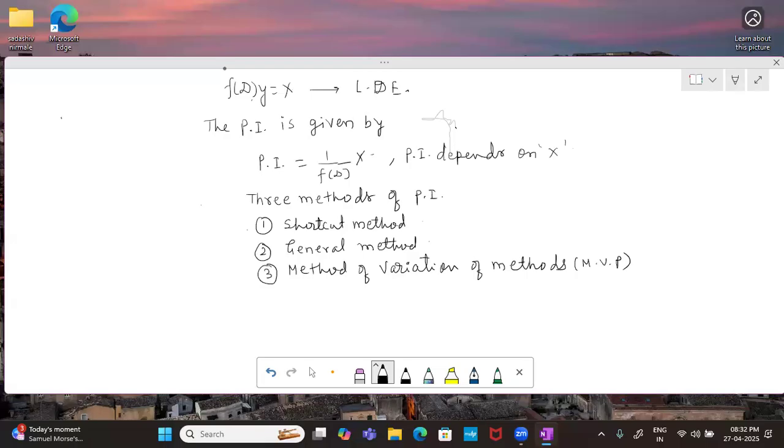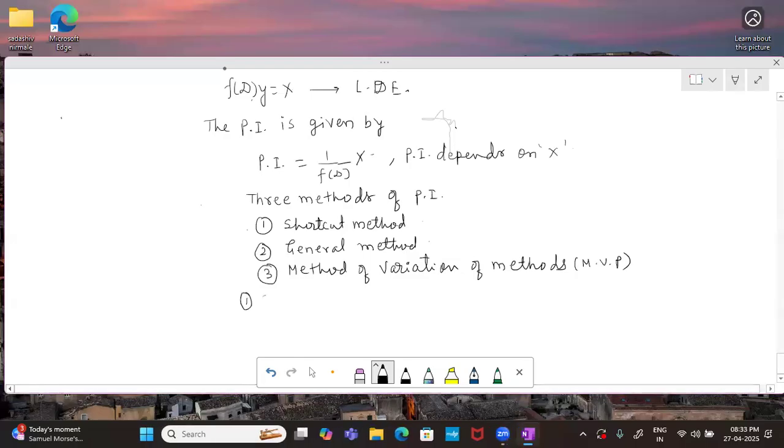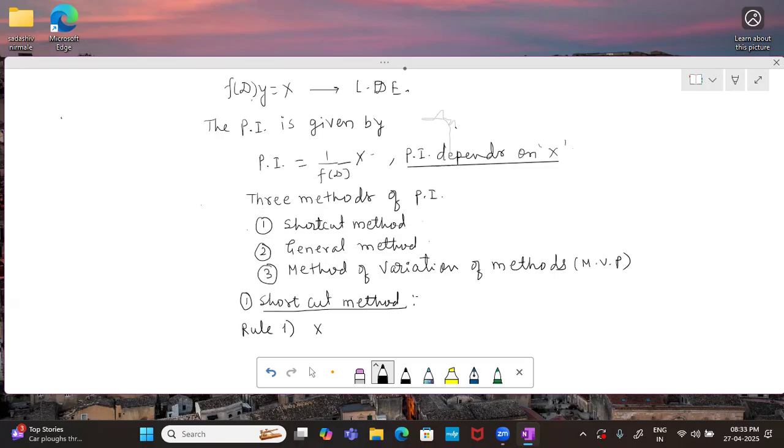So in the first method, that is the shortcut method, rule number one. PI depends on capital X. Isn't it? So when the value of X changes, the rule for PI changes.